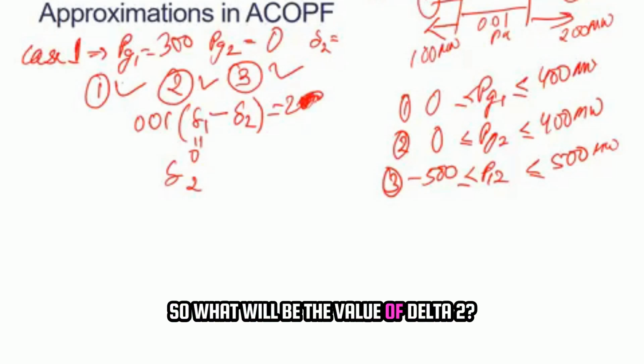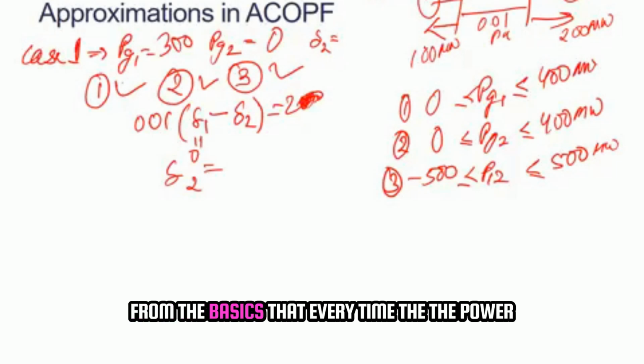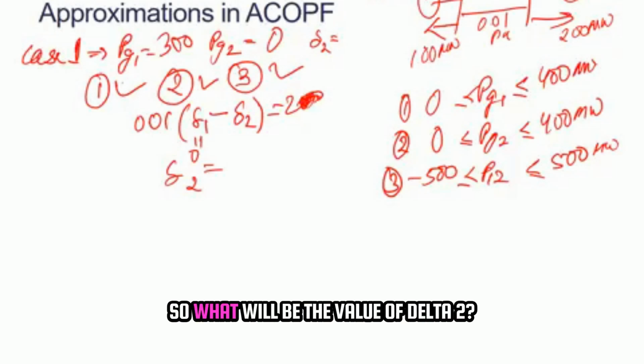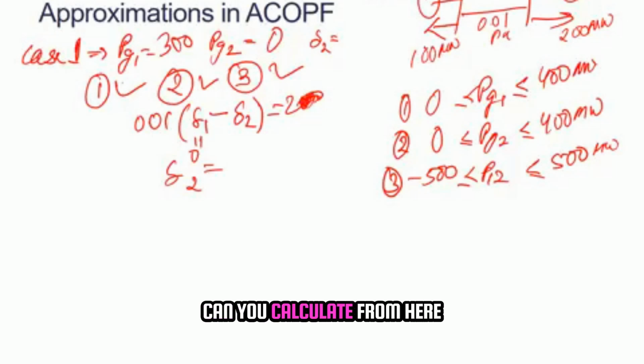Power systems are always calculated in per unit. So what will be the value of delta 2? Can you calculate from here and tell me the value of delta 2?